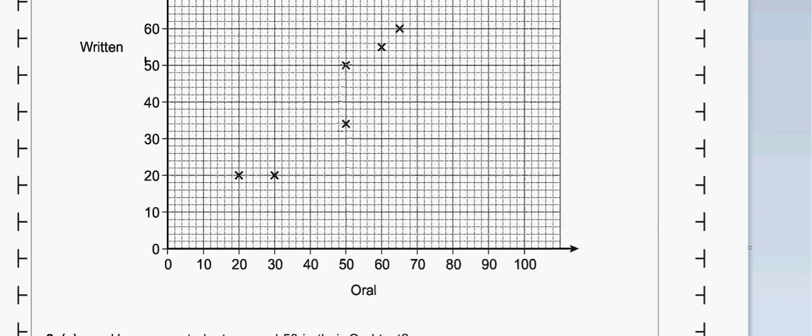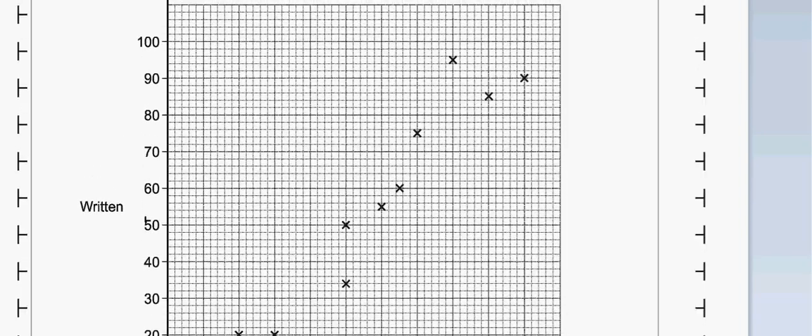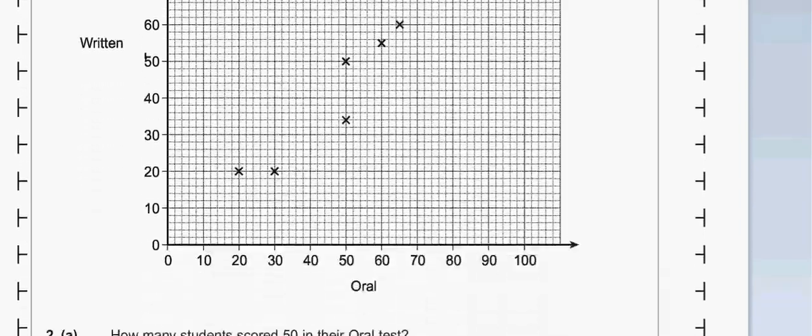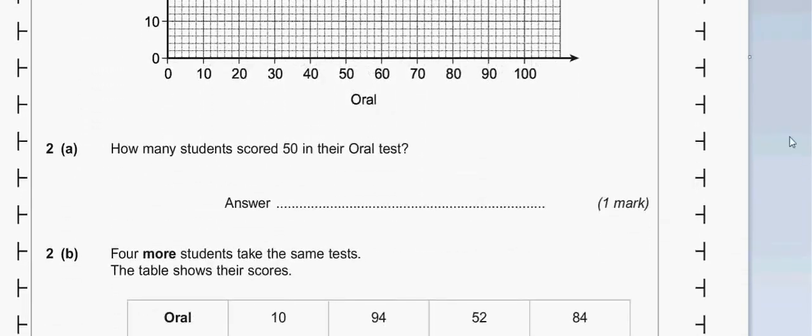I know they got different marks in their written tests, but in their oral test alone there's 1, 2 students. So I just check that there's no outliers. No. So 2 students gained 50 marks.